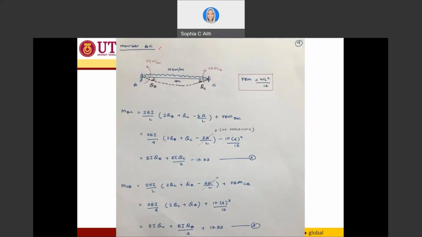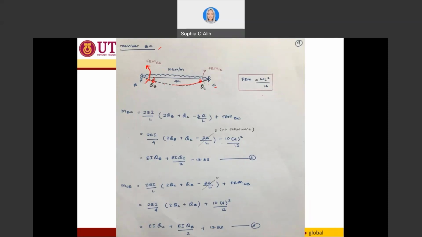So for member BC, what I have is like if I cut it, I will have it to be this way. I have point B, I have point C, and I have the rotation, the deflection of my beam to follow this line, and the angle of rotation, my theta B, is the clockwise direction. So I will have my fixed end moment to push it back to the original position to be counterclockwise, and for theta C it is going to be in the counterclockwise direction.